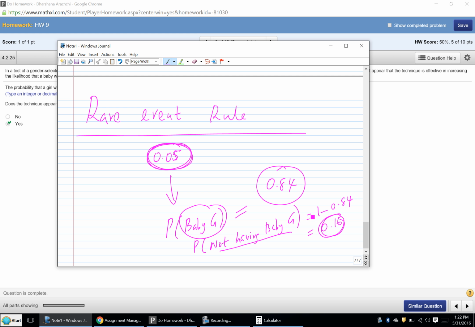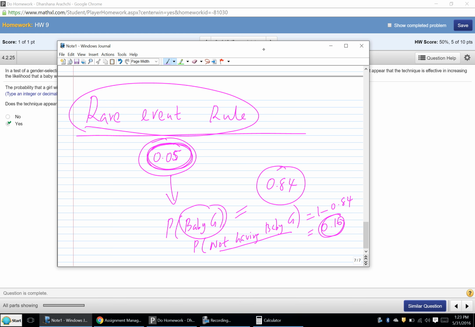Therefore not having a baby girl is not a rare event. In other words, it is not rare that the experiment produces an undesired event. So we say this technique is not successful. Remember, this is the rare event rule.